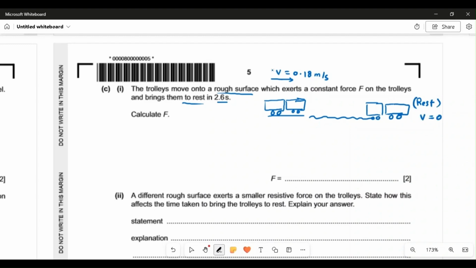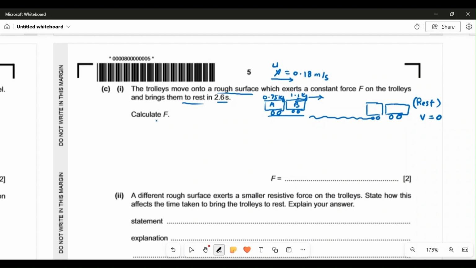I would better mention the initial velocity as u. Initial velocity is 0.18 meter per second, to the right, for both of these. Trolley A has mass 0.75 kilogram, and you know that the mass of B is 1.1 kilogram.